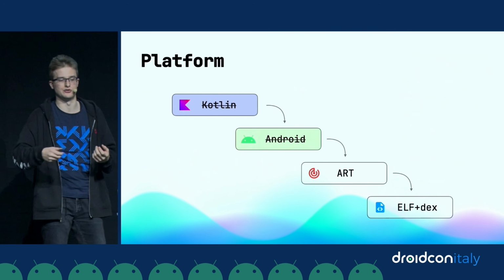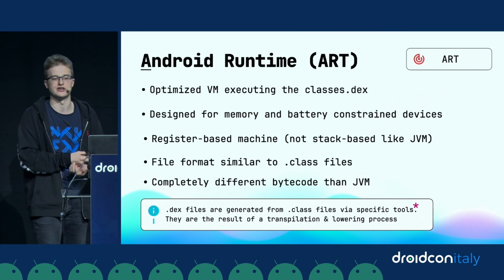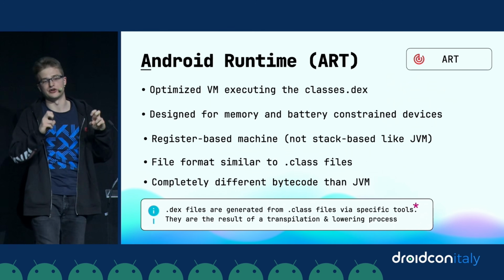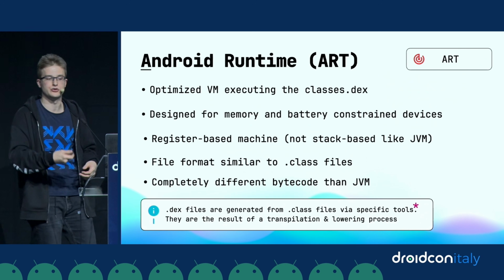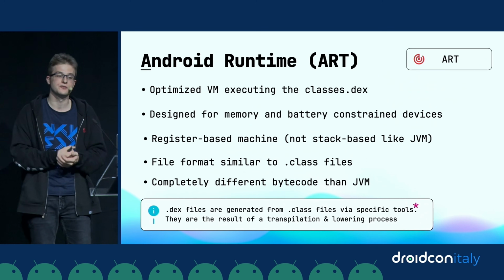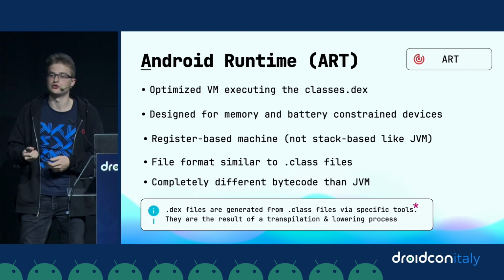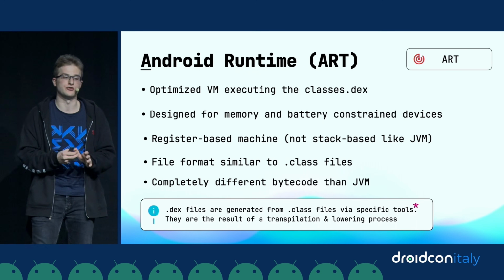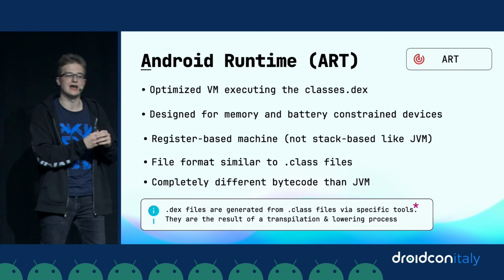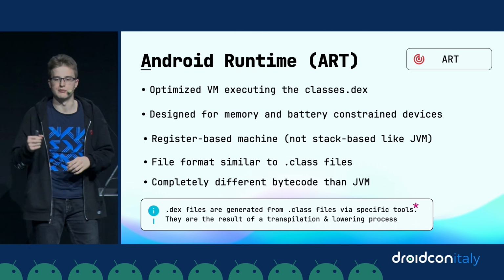And that leads us to the next step, which is ART, the Android Runtime, which is basically the Android virtual machine, if you want. It is an optimized virtual machine which executes classes.dex, and it is designed to be efficient on memory-constrained and battery-constrained devices, because the JVM is more general-purpose, and ART is more tailored for mobile devices.